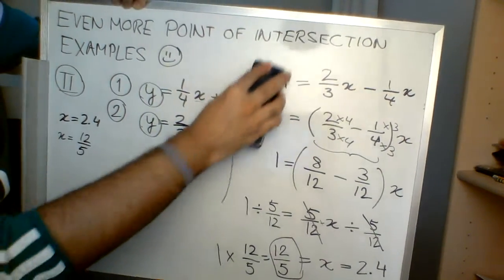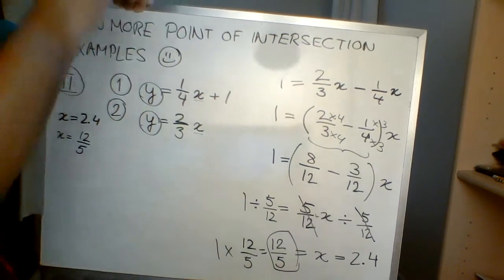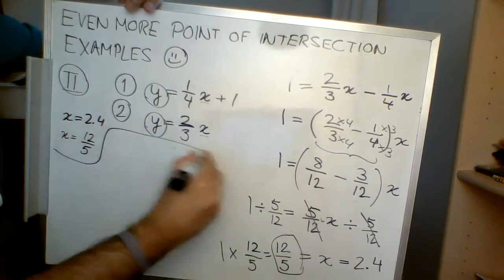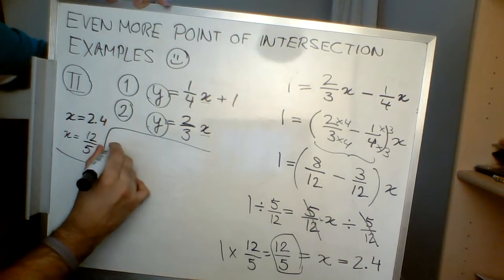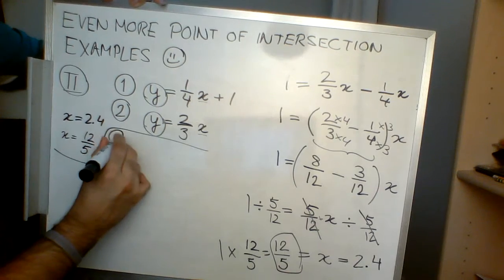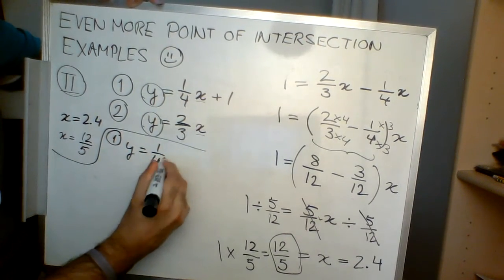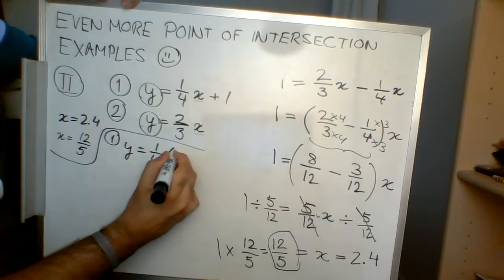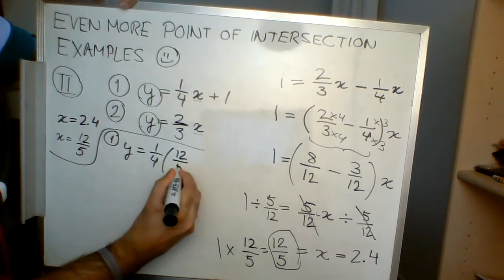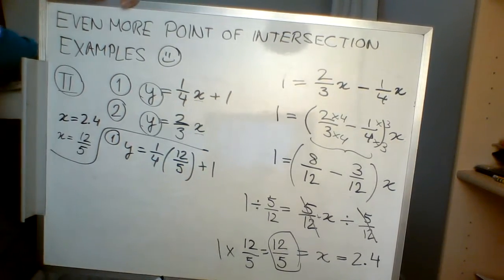We'll start off by subbing it into equation 1. So if we sub it into equation 1, let me note down that this is equation 1. So we get y is equal to 1 over 4, and then instead of x, I'm going to write in 12 over 5 plus 1, right?